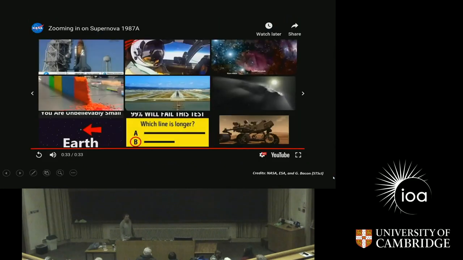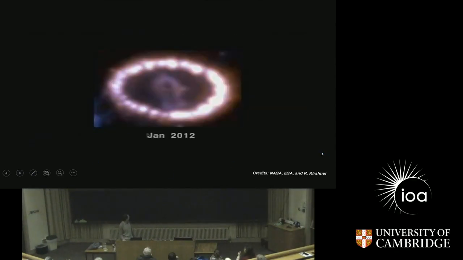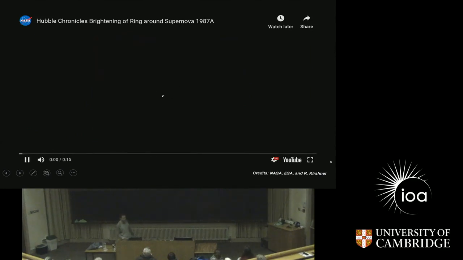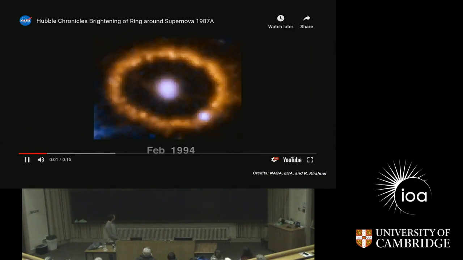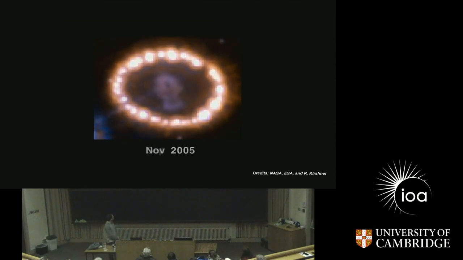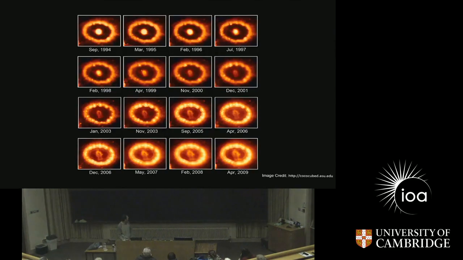And because this is the most nearby supernova in modern times, it has been observed constantly since then. And we can see what happens over time, over the years. The part in the middle is the star which exploded, and around it there is a ring which is lit up by the exploding star in the middle of it.